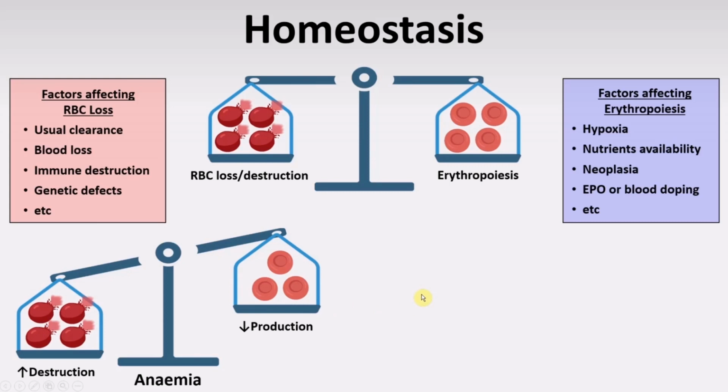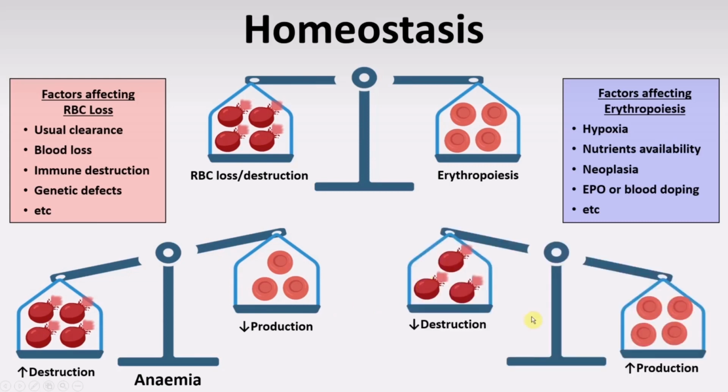On the contrary, if there's more production of red blood cells compared to the rate of loss, that's when polycythemia happens, too many red blood cells. This condition is quite rare. It happens with neoplasia, for example, or with artificial blood doping, where EPO is artificially injected into the body. But for this recorded session, most of our focus will be on anemia itself.